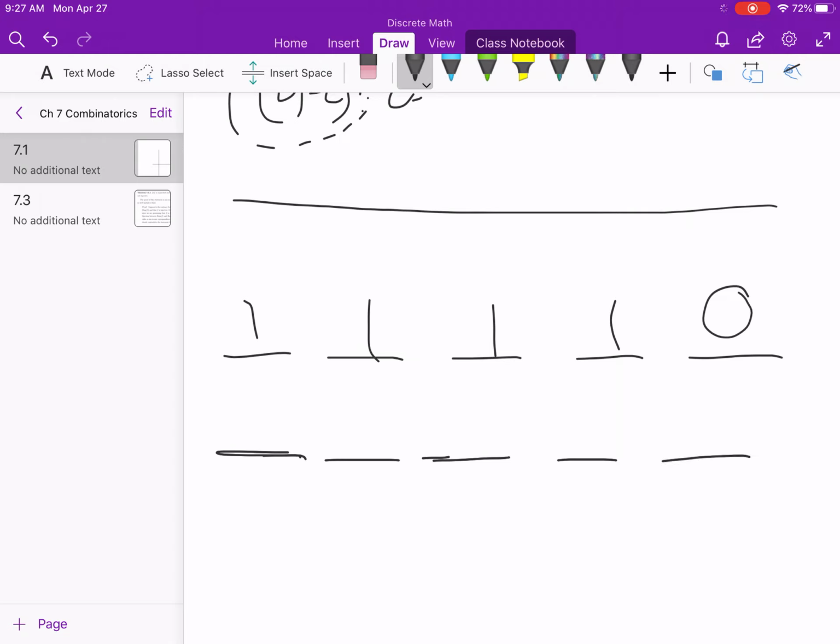I can have all of these sorts of arrangements of the 5 cards, and this is the ways I can draw these 5 cards.